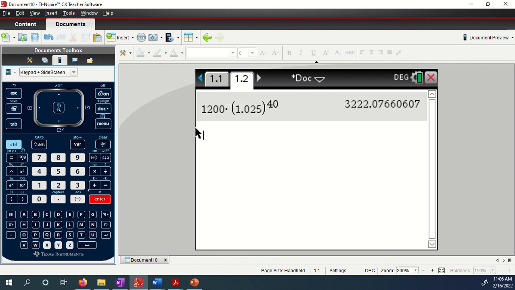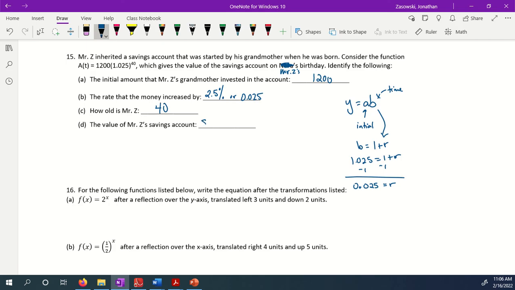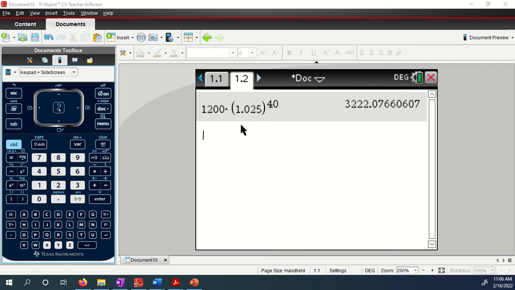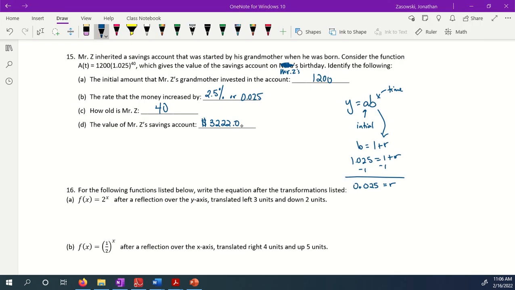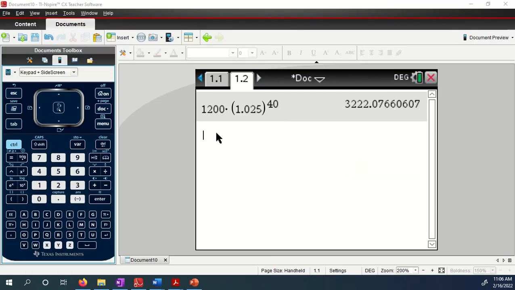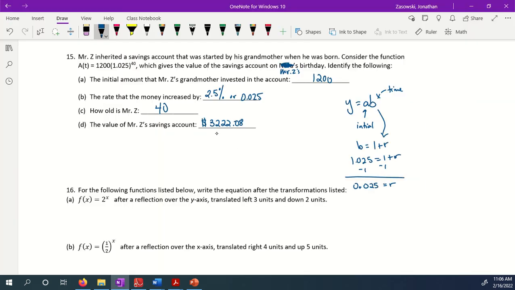I got a little bit of money in there, right? $3,222. This is money. It doesn't say what to round to, so we're going to the nearest cent. Since the next number after a 7 is a 6, we round up, and 0.08.